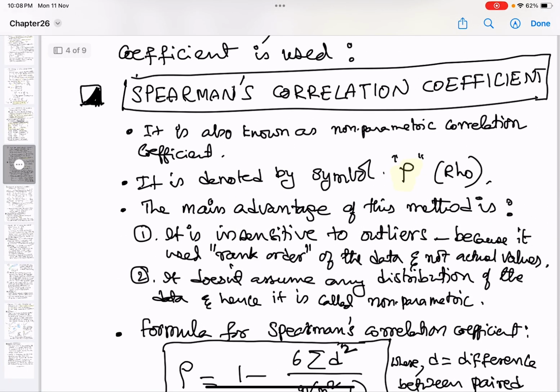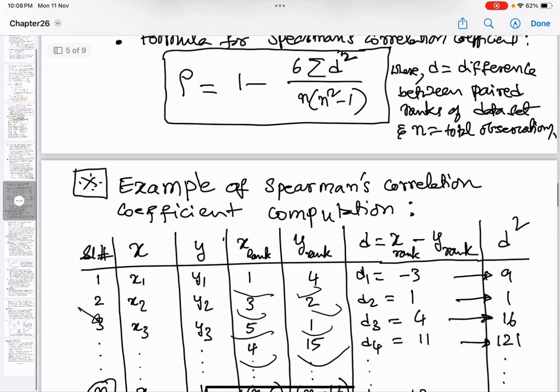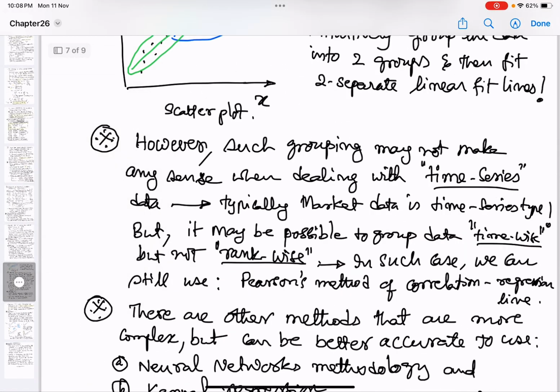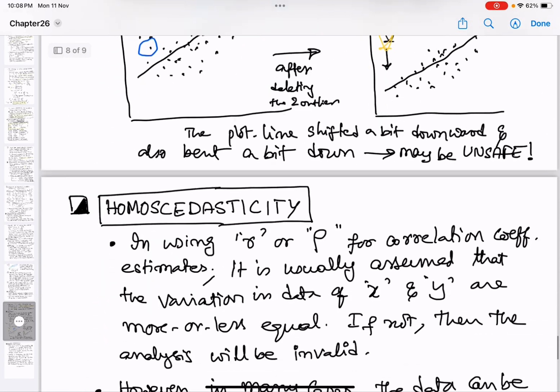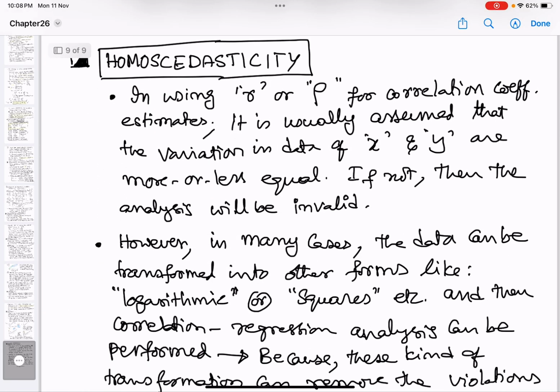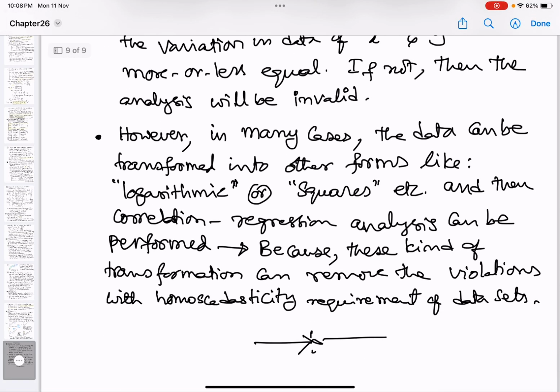So, the difference between Spearman's correlation coefficient rho and the Pearson's correlation coefficient, now it's very clear and we know the difference between them. Now we can go back and see what homoscedasticity is. However, in many cases, the data can be transformed into other forms like logarithmic or squares and so on.